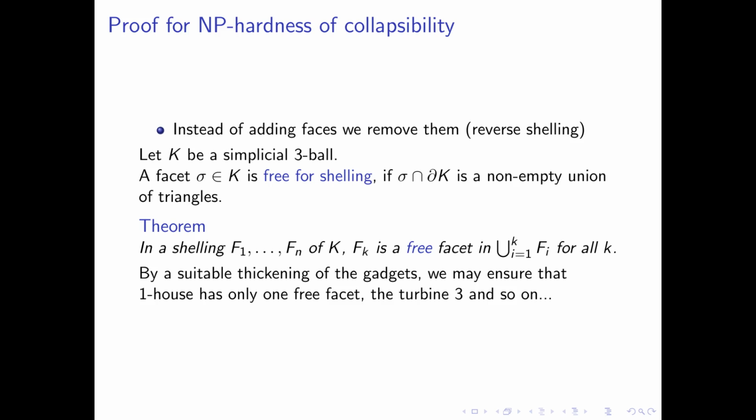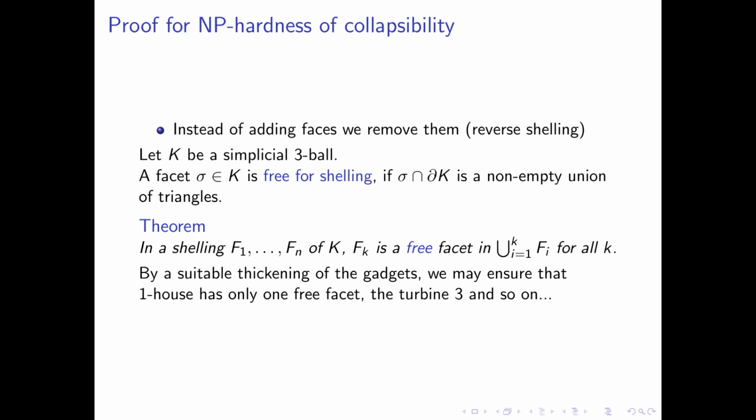The proof of NP-hardness of shellability of balls follows the same idea. However, the concept of a free edge is replaced by the so-called free tetrahedron. That is a tetrahedron whose intersection with the boundary of the simplicial complex built so far is a union of triangles. And our gadgets now are obtained by a suitable thickening of the previous gadgets.